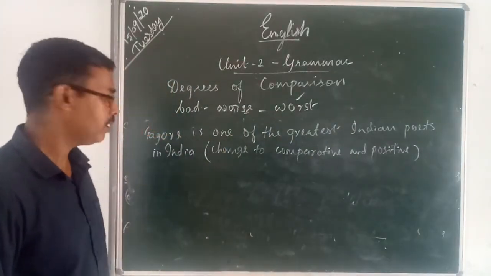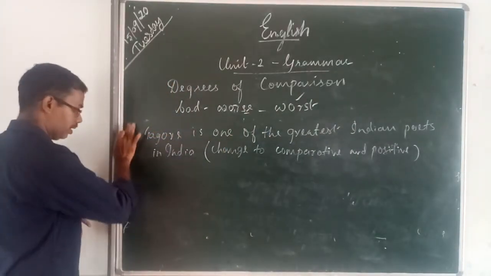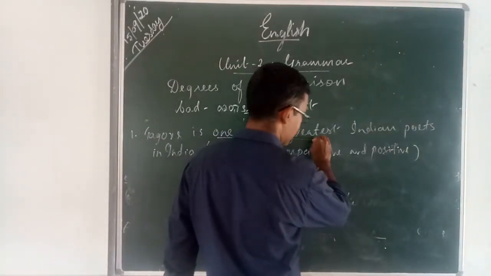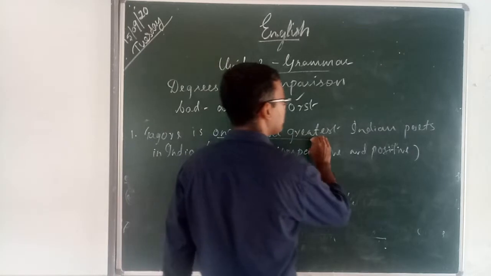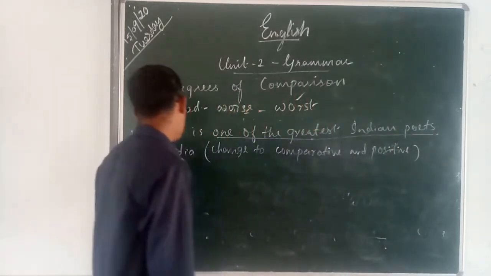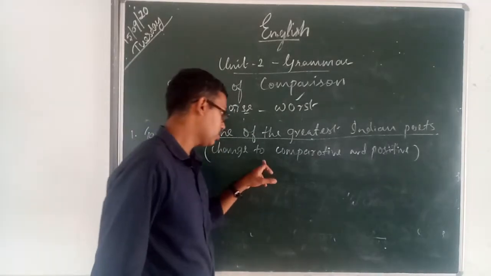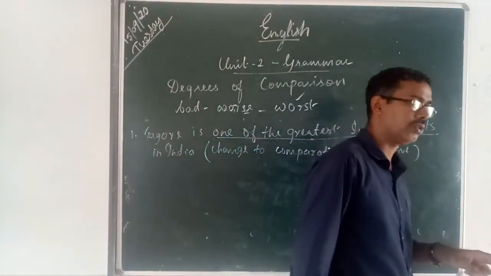Change to comparative and positive. The first example, the second type: Tagore is one of the greatest Indian poets in India. Change to comparative and positive degree.